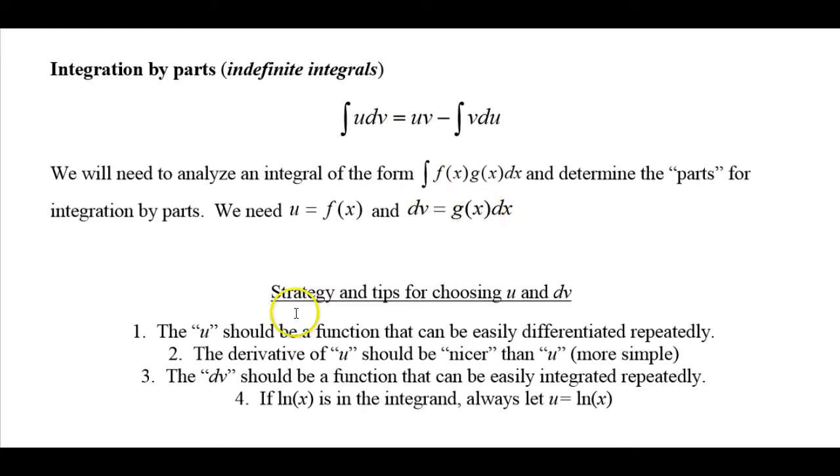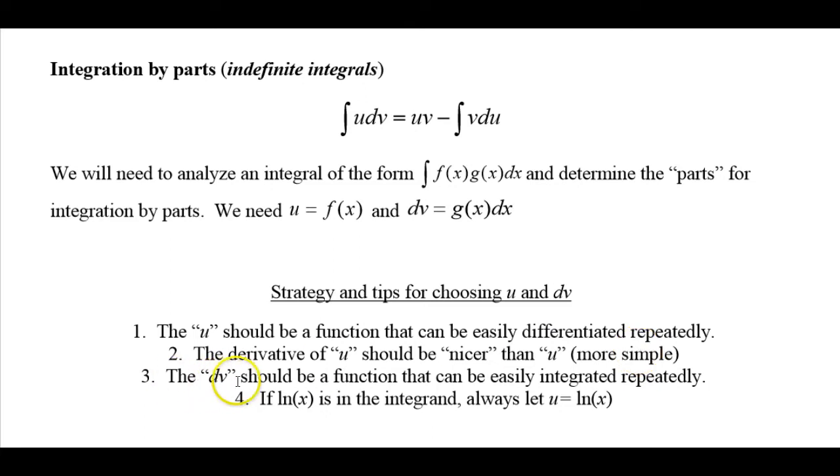Here are a couple strategies and tips for choosing the u and the dv. The u should be a function that can be easily differentiated repeatedly. The derivative of u should be nicer than u, so we're looking for the derivative to be a simpler looking function than the original.